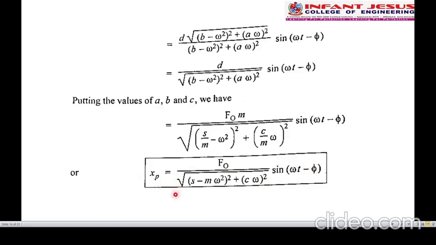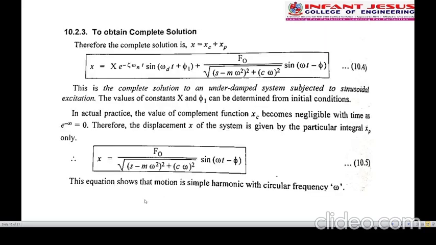Next, we have completed the complementary function and the particular integral, so we write the complete solution. To obtain the complete solution, add the complementary function and the particular integral. This is the complementary function, this is the particular function.